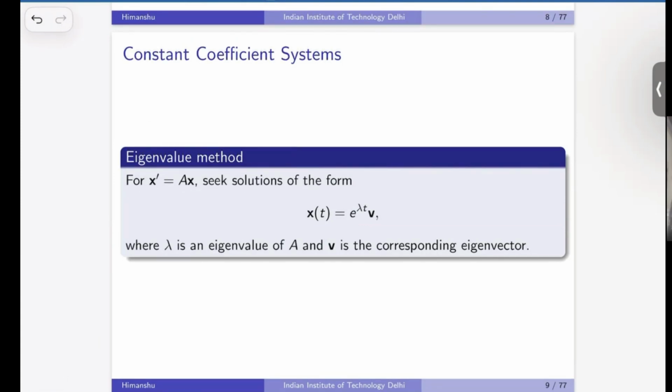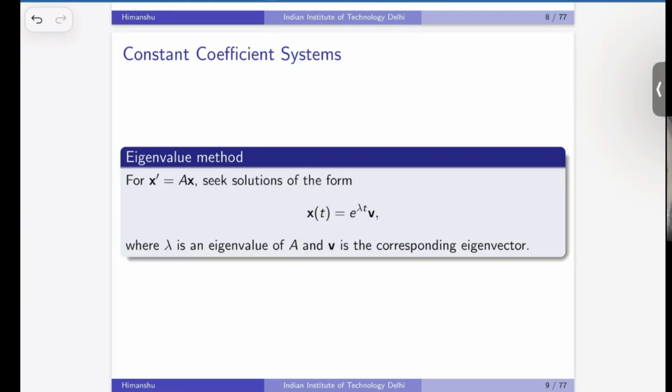How can we solve this system of differential equations? Solving a system of differential equations is the same as solving the linear system, like we have solved the one variable case.